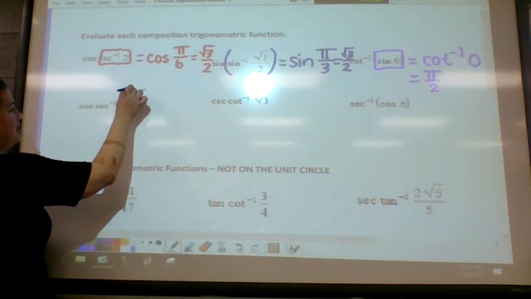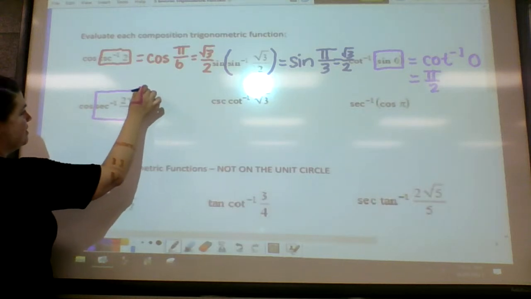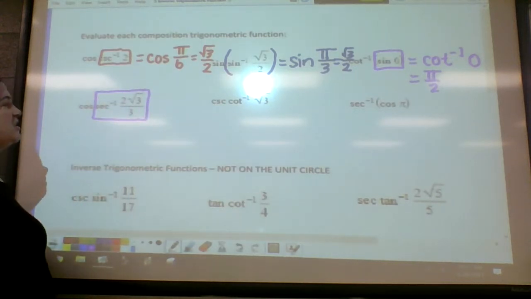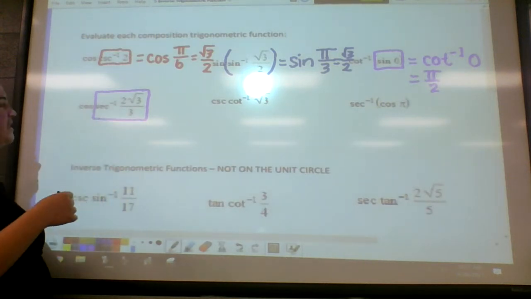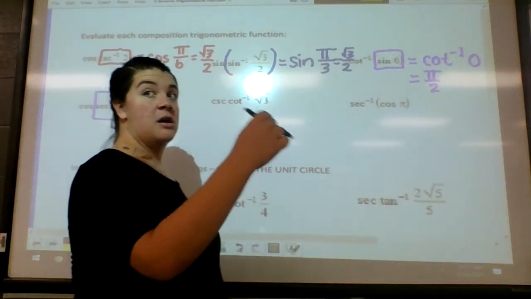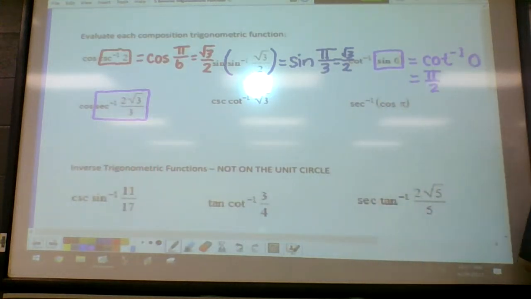All right. Up next, secant inverse of 2 square root of 3 over 3. So secant is the reciprocal of cosine, right? So cosine needs to be this. This is what we're looking at here, this 2 square root of 3 over 3.